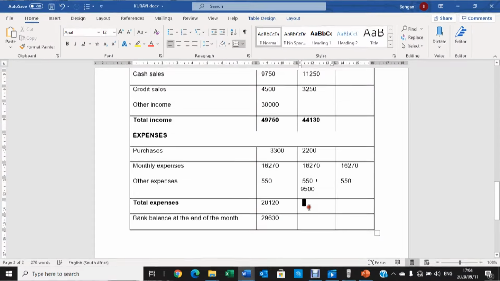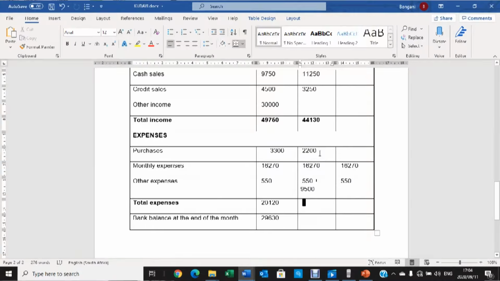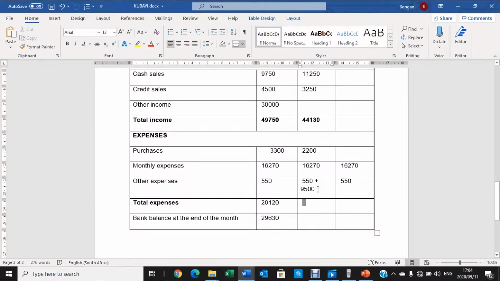And then moving to the total expenses, we add, starting with the purchases plus monthly expenses plus 550 plus 9,550. We add all the expenses, which is going to give us 28,520.